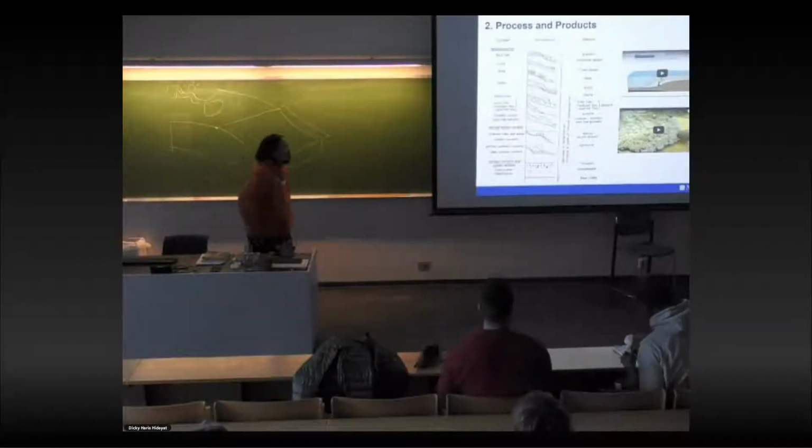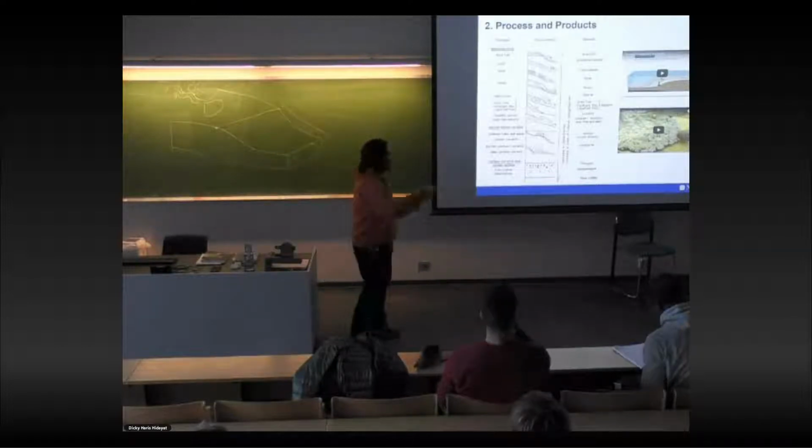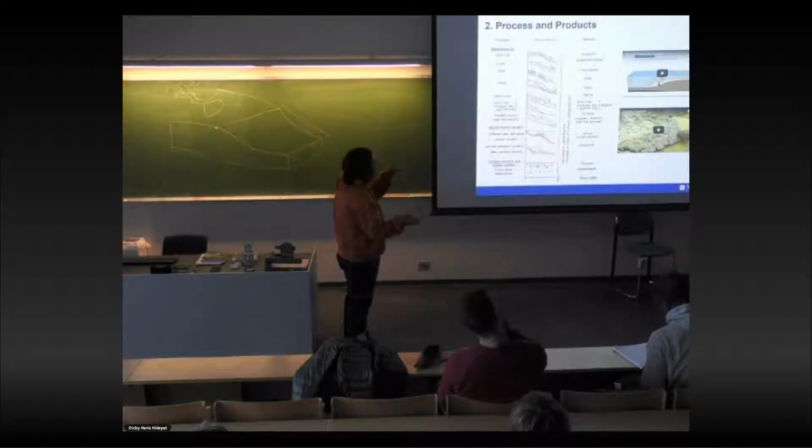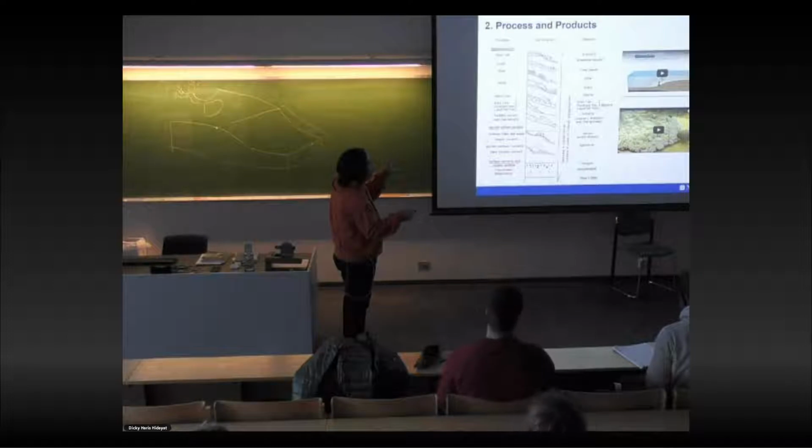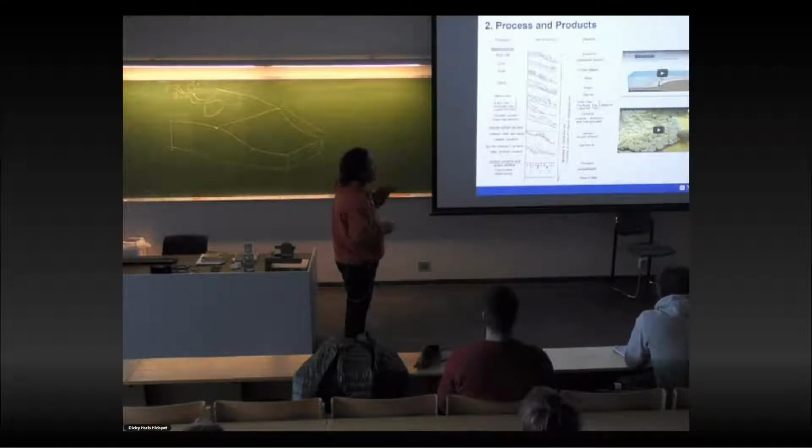So the process and the products. This is a summary of the processes that happen in the deep marine system. It's quite complete, mostly covering everything. This is the basic one.